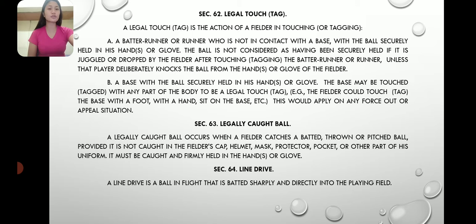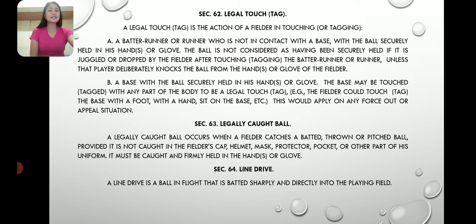Section 62, legal touch tag. A legal touch tag is the action of the fielder in touching or tagging a batter, batter runner, or runner who is not in contact with a base, with the ball securely held in his hands or gloves.